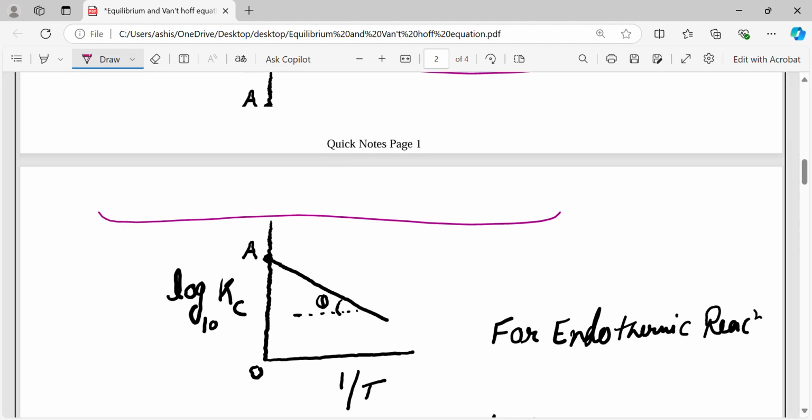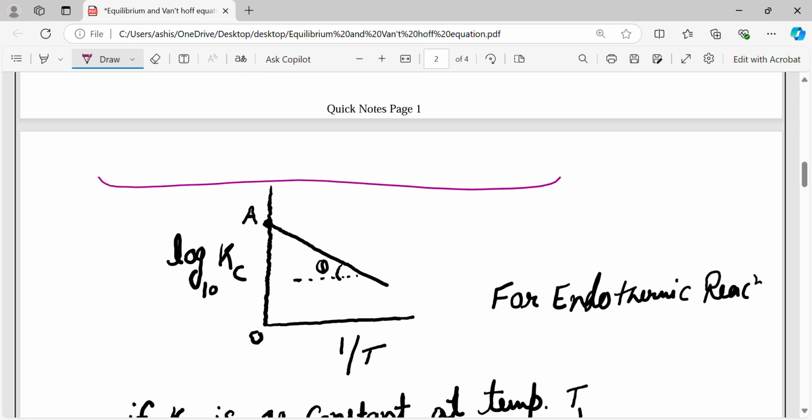This graph we are making for an endothermic reaction, because for an endothermic reaction delta H is positive. So we will get the negative slope.